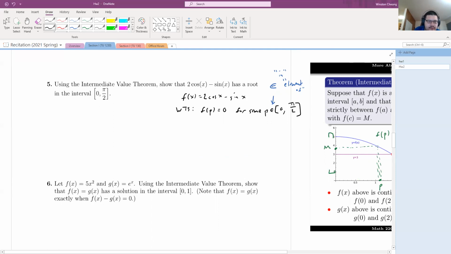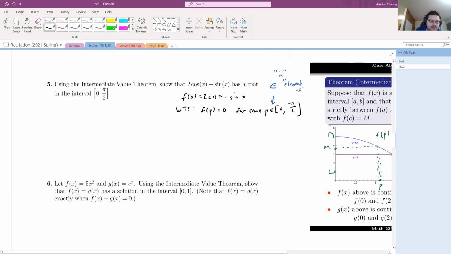So how do we use IVT, or how do we check that IVT will work? Well, what would be really nice, and usually we structure our problems in this way, is if we plug in these 2 endpoint values and they work out as being the 2 values in our picture. So it'd be nice if pi over 2 acted like this guy, 5, and the 0 acted like this 1 here.